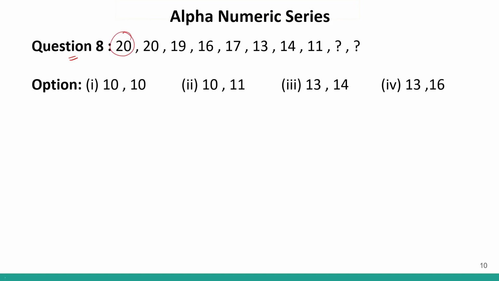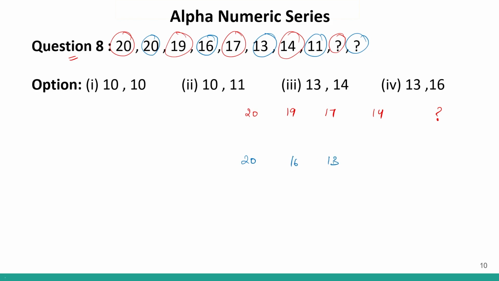So if I take these numbers, 20, 19, 17, 14 and the missing term. The second series I take is 20, 16, 13, 11 and the missing term.